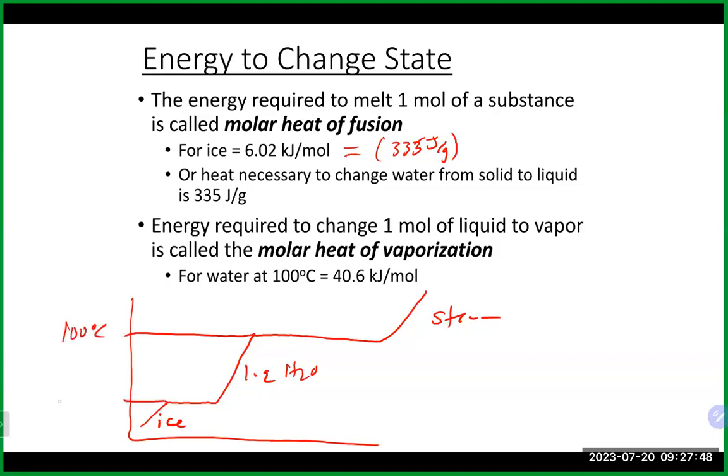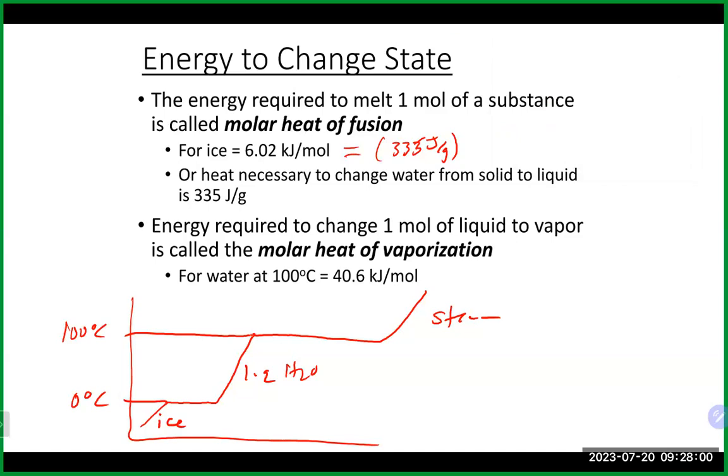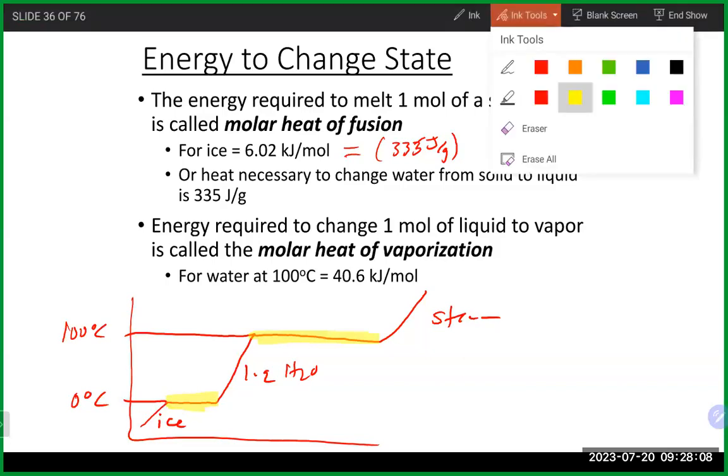This would be 0 degrees Celsius, which is our melting point. I didn't draw it perfectly here, but these are supposed to be plateau lines in these two spots. That means that the temperature is not changing, but the phase is changing.